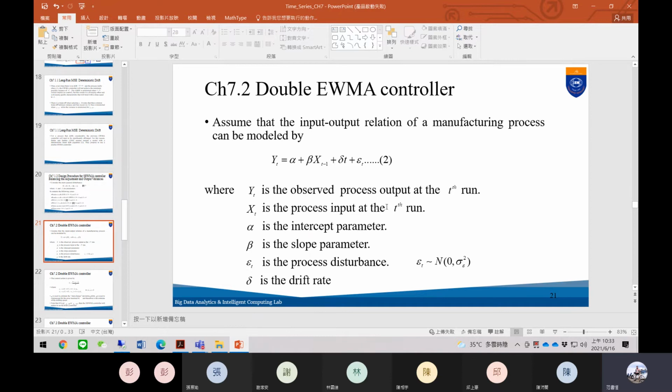Xt is the process input at run t. Alpha is the intercept, beta is the slope, and epsilon t is the disturbance. Epsilon t could follow a Y sequence, could follow an MA, something like that. Then delta is a deterministic drift, the drift rate.